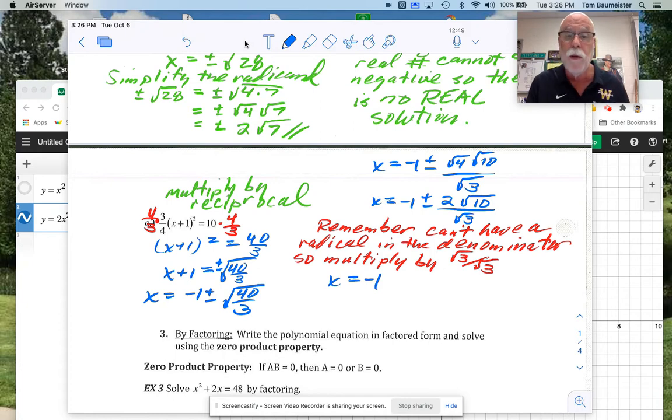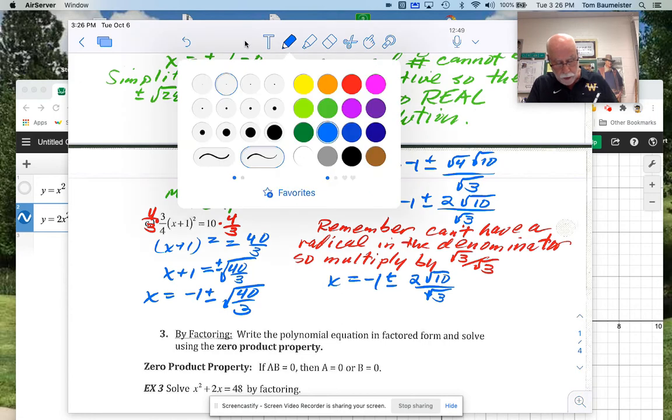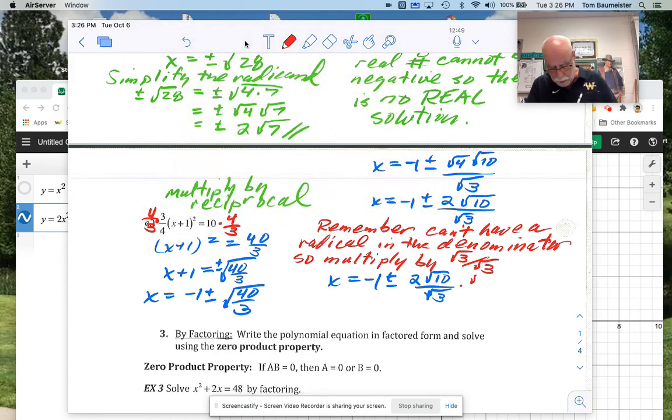I don't have to worry about multiplying that part by the square root of 3/3 because that has nothing to do with getting rid of the radical. But on this one right here, I will have to. So I'll multiply it by the square root of 3 over the square root of 3.